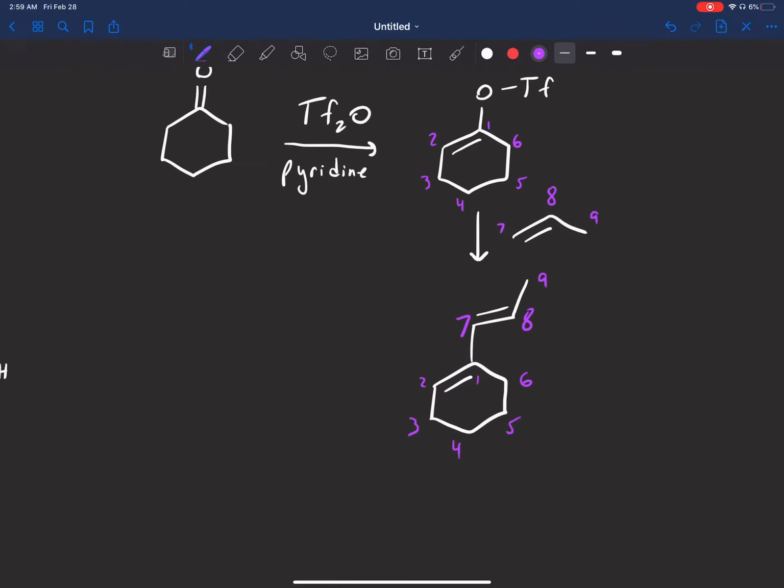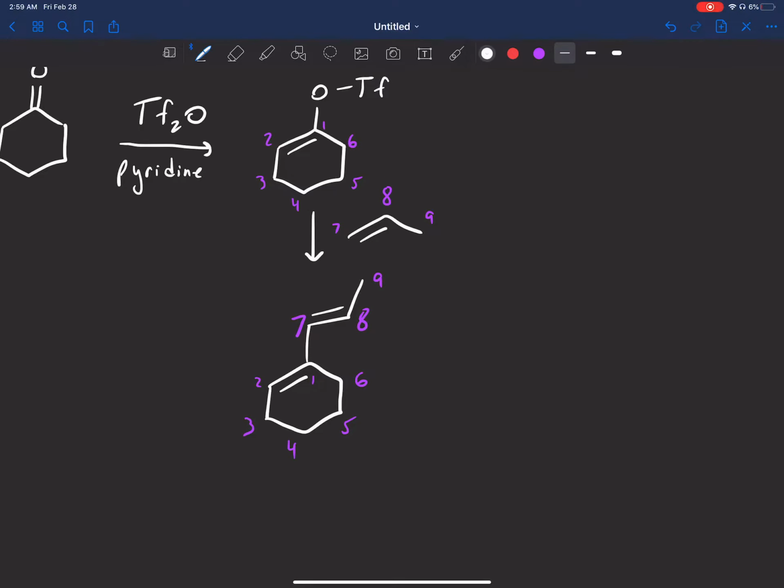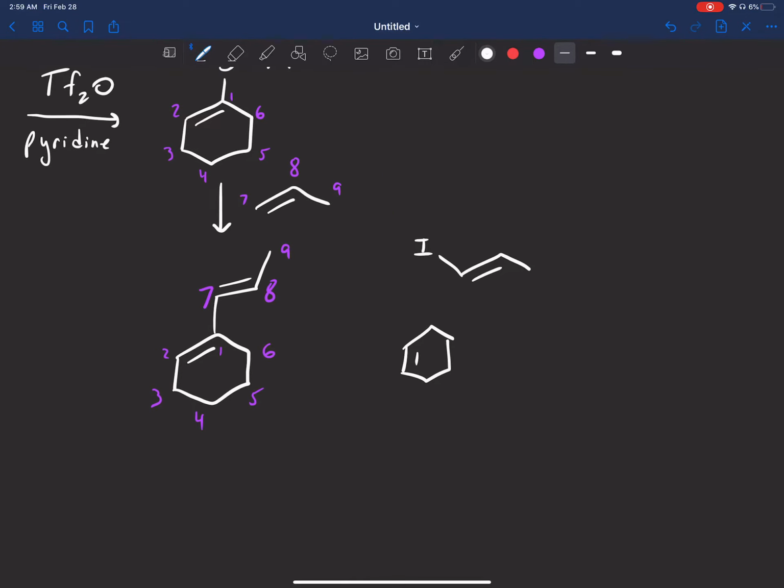If we try to do this reaction with something like this, where my leaving group is on my regular alkene now, and I just have a plain old cyclohexene, what you're going to get is this. You see, my double bond looks like it moved.